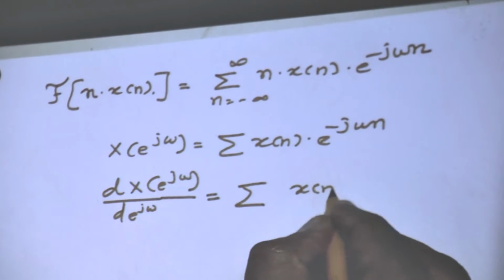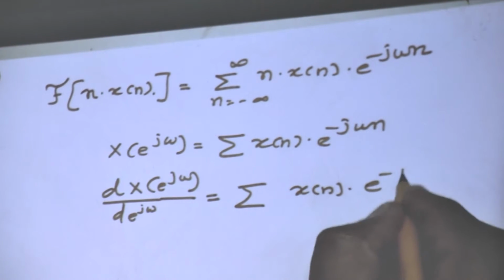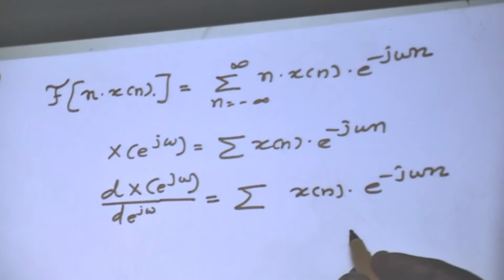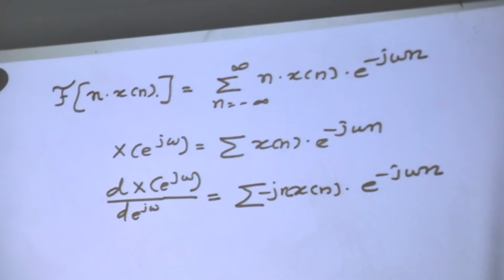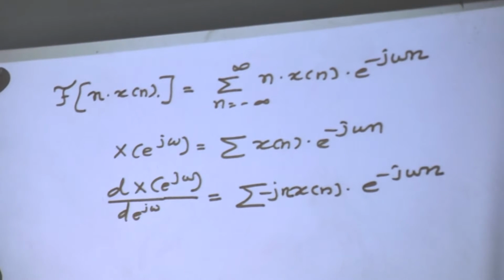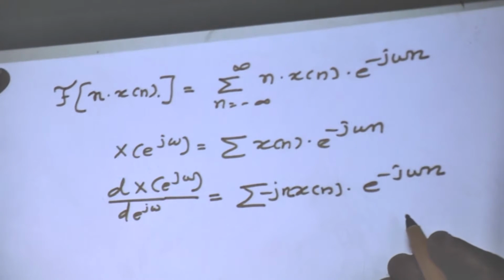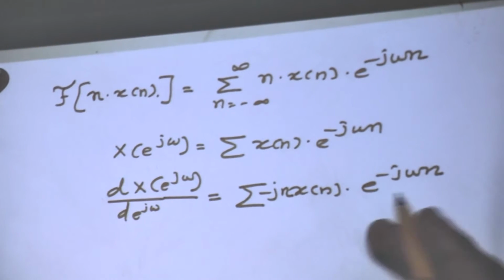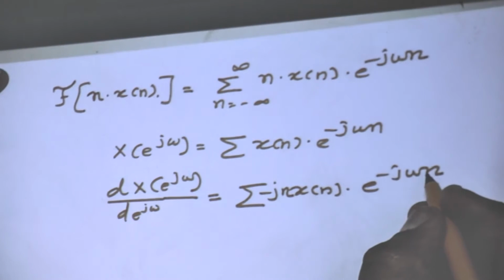The derivative of e to the power minus j omega n gives minus j times n. Minus jn is correct. Multiplied by minus j. What is the derivative with reference to e to the power j omega? It's minus n.